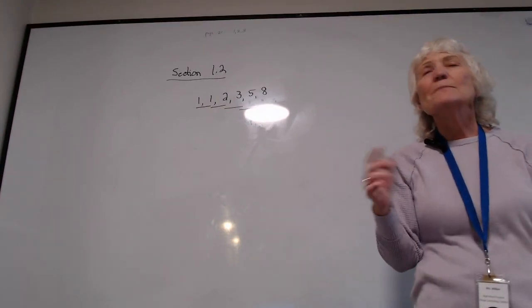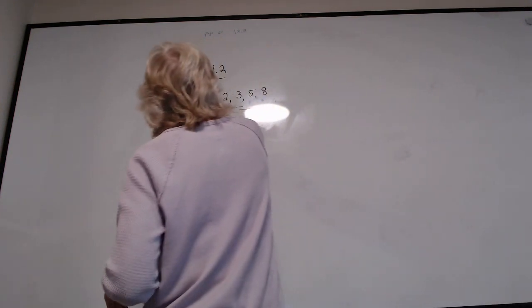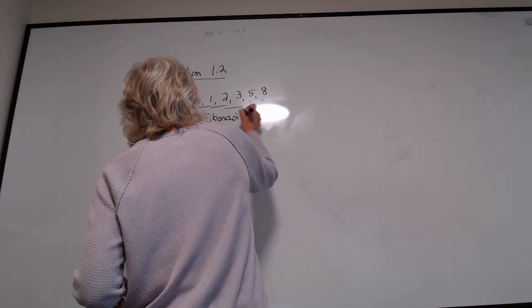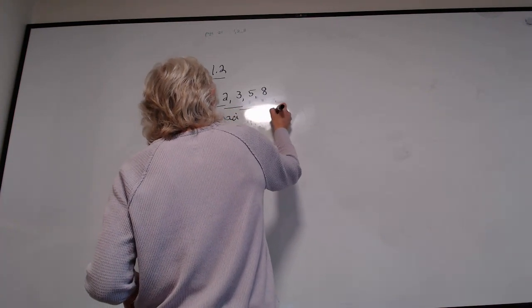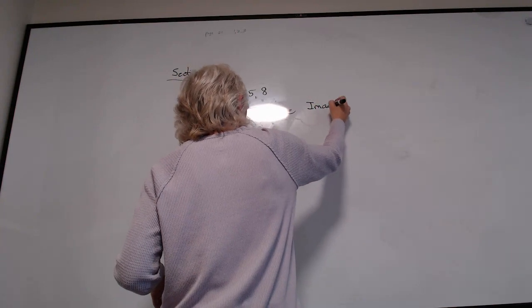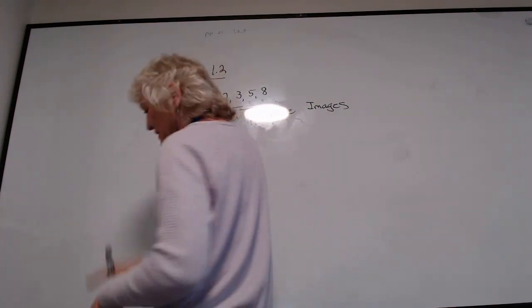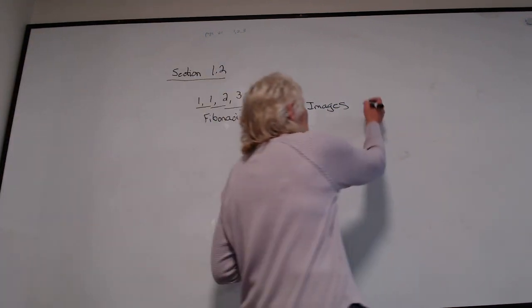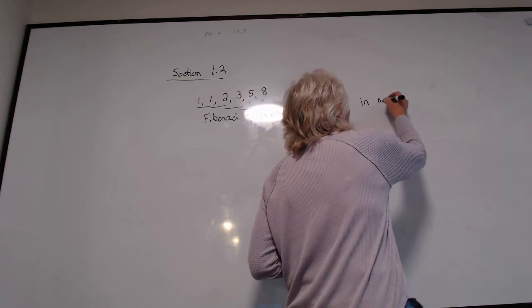So if you just type in Fibonacci sequence on your computer and ask for images, maybe natural images in nature, it will show you a whole bunch.